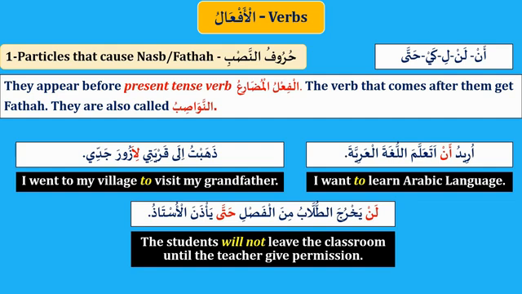The students will not leave the classroom until the teacher gives permission. Lan, will not, and hatta, until. Hatta can be used before nouns and before verbs as well. If it is used before nouns, it changes to kasra, and if it is used before a present tense verb, it changes the harakah of the verb to fatha.